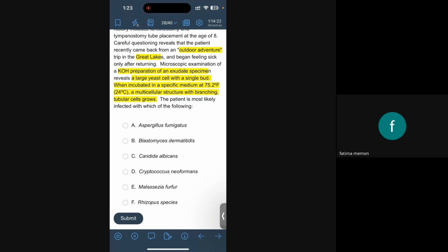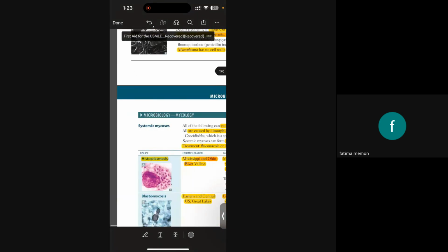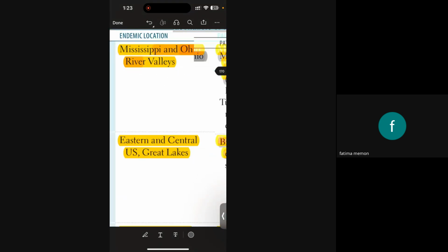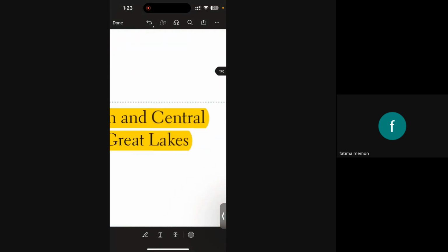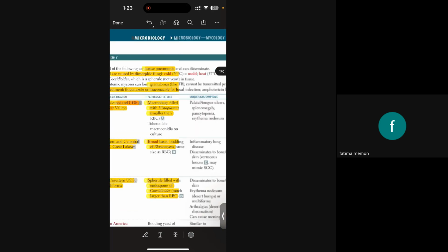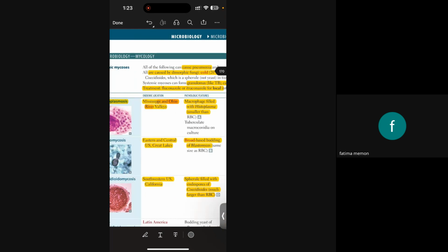And we know the names of the systemic mycoses: there is Histoplasma, there is Blastomyces, there is coccidioidomycosis. And blastomycosis is associated with the Great Lakes.